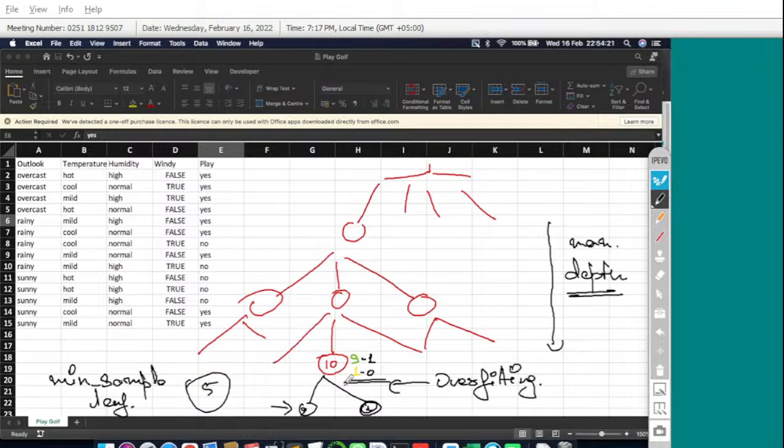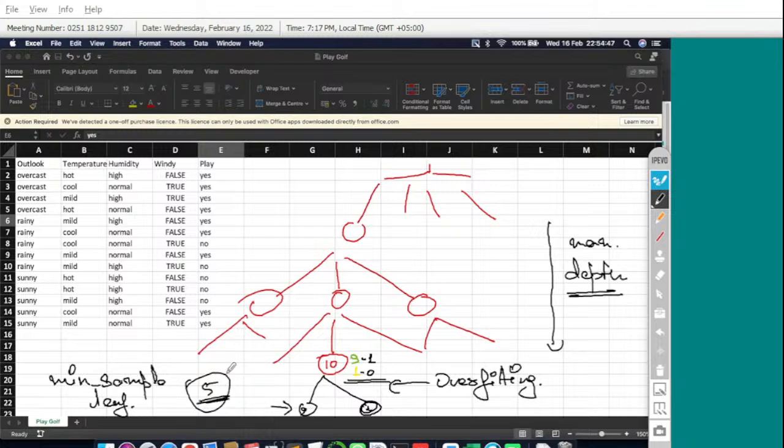Not each split. The leaf node, the terminal node where the tree is ending, should have at least the given number of observations. Every terminal node, the last node where we are terminating the tree. Now this 5 need not be static.